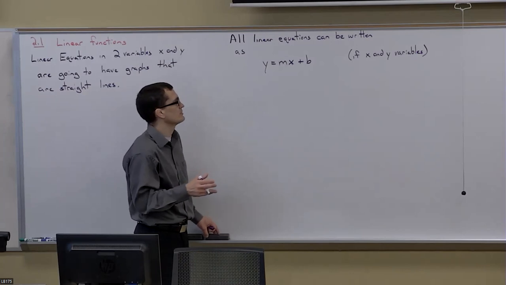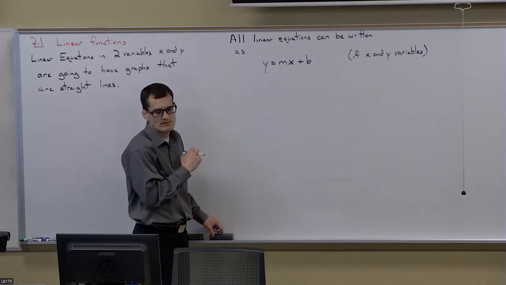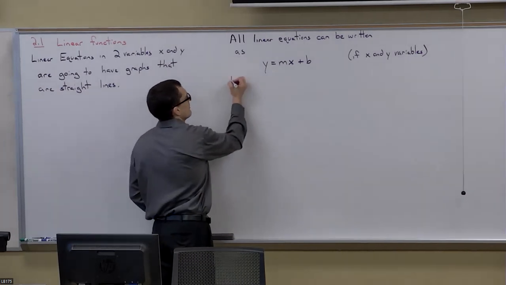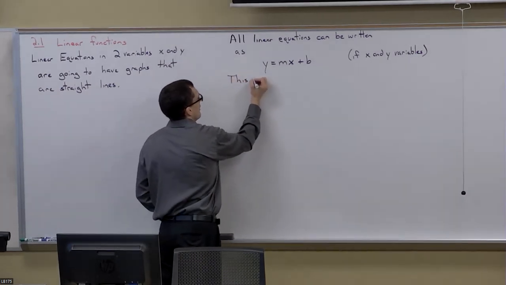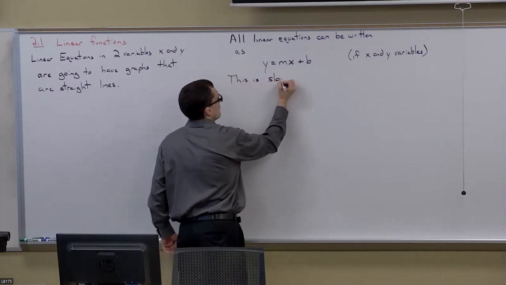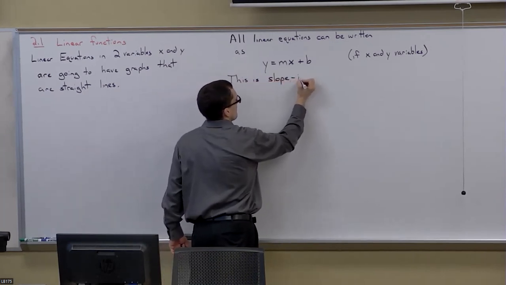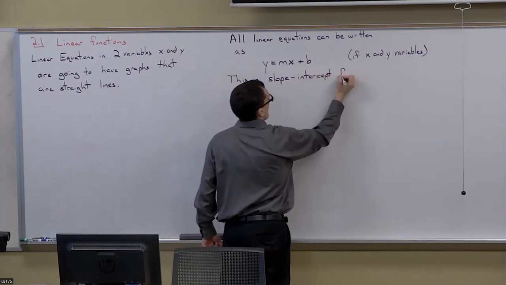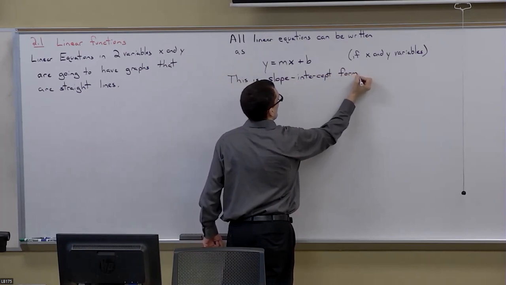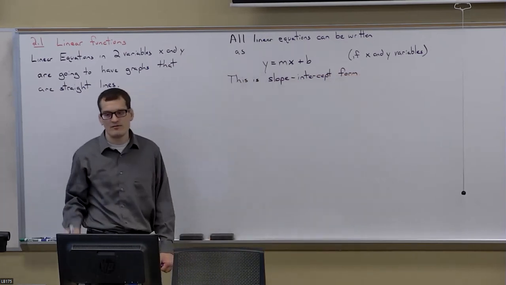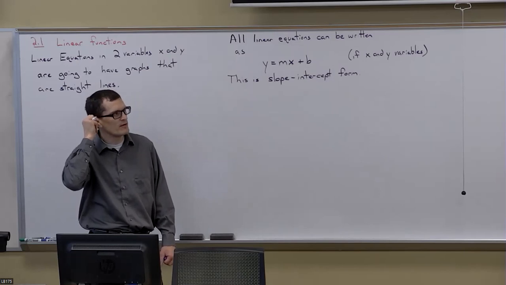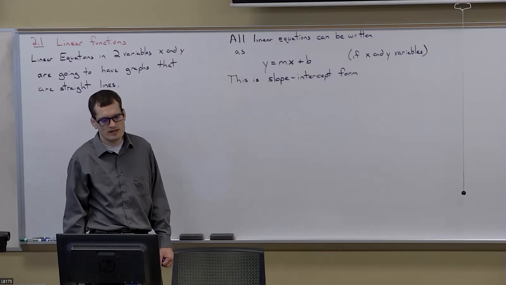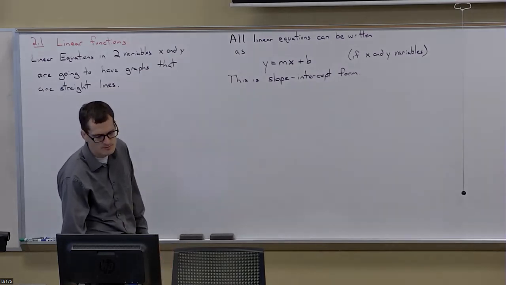This is traditionally called slope-intercept form. We'll get to that in a second. So that's our slope-intercept form. The ax plus by equals c, that's actually standard form, but we don't use that one as much as slope-intercept form.